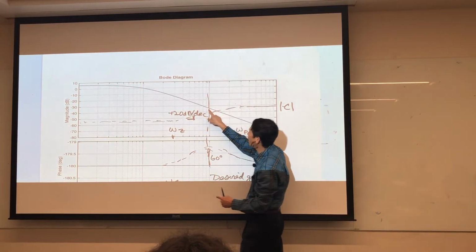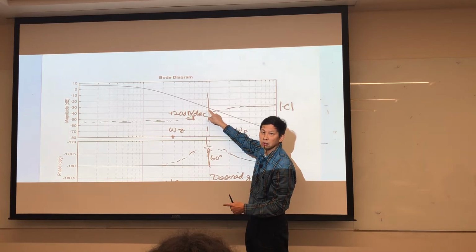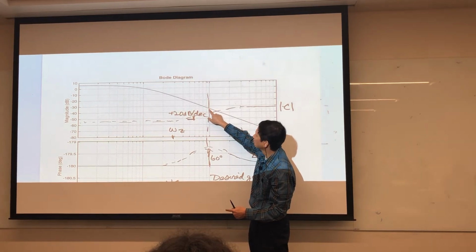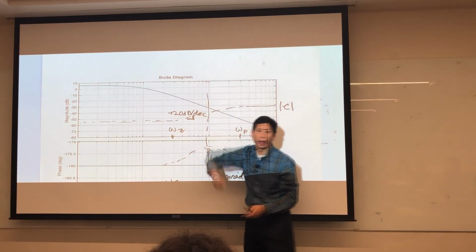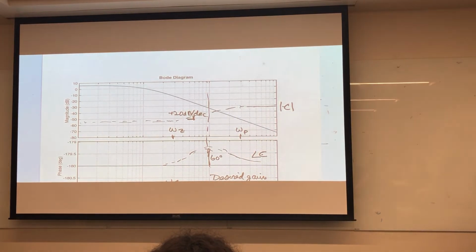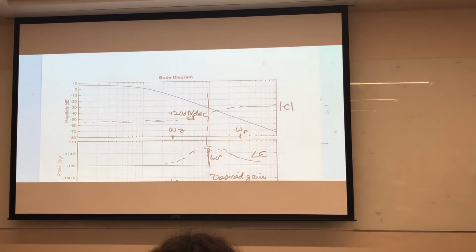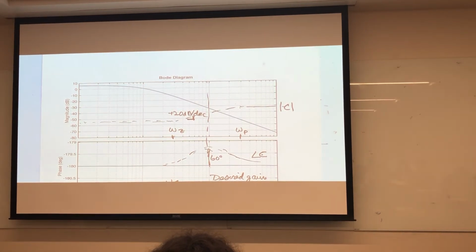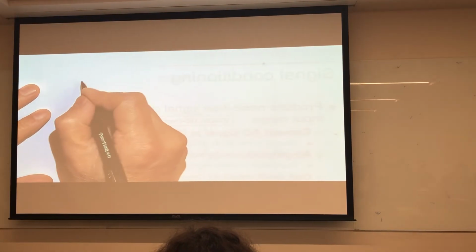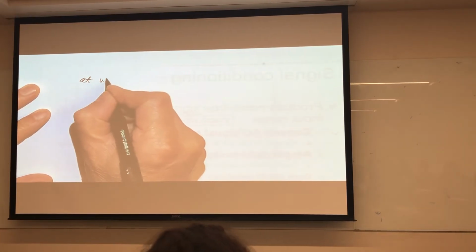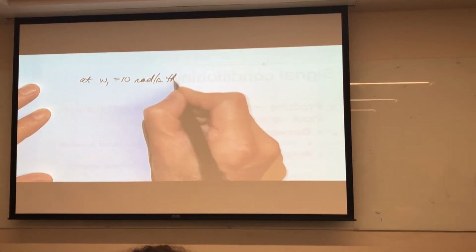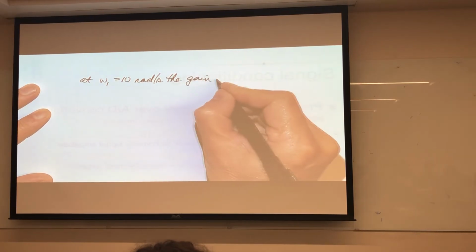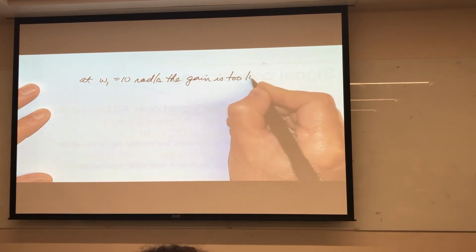Because right now we don't have this going through 0 dB. It's going through at about minus 34 dB. We need to add some gain. Okay, so we need to compensate for that. Right now, at omega 1 equal to 10 radians per second, the gain is too low.